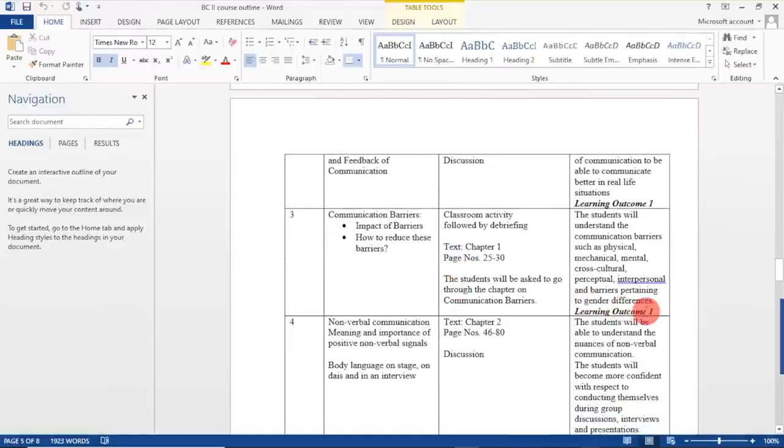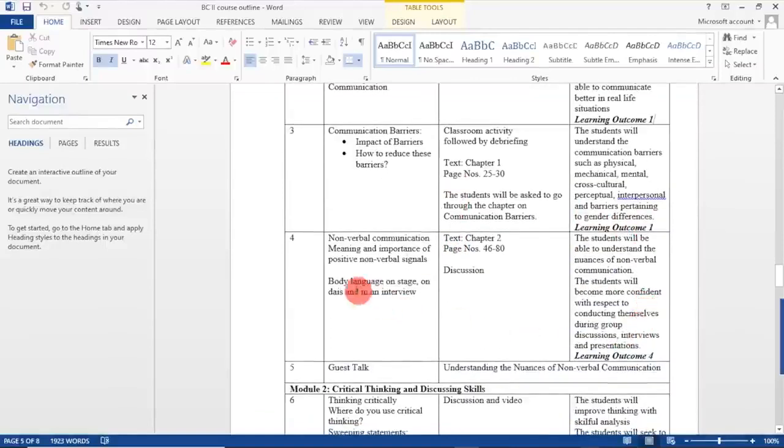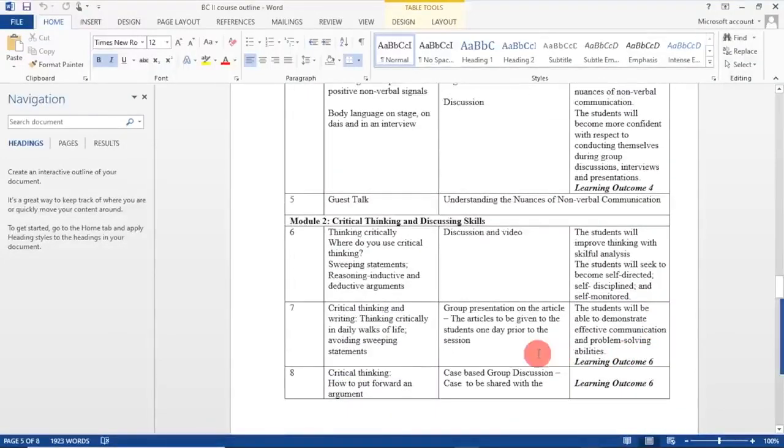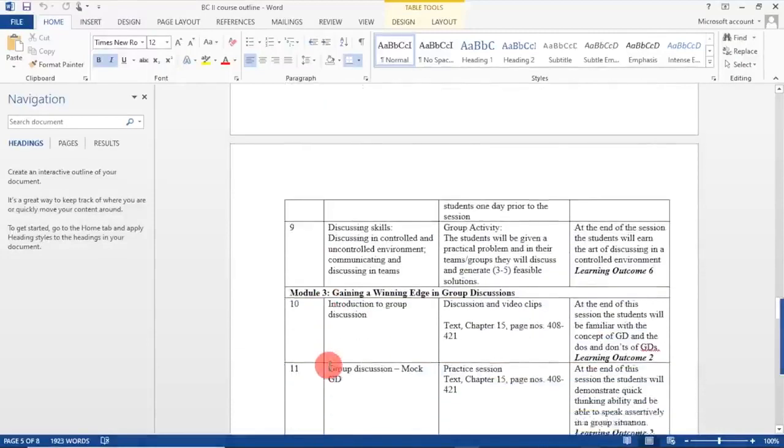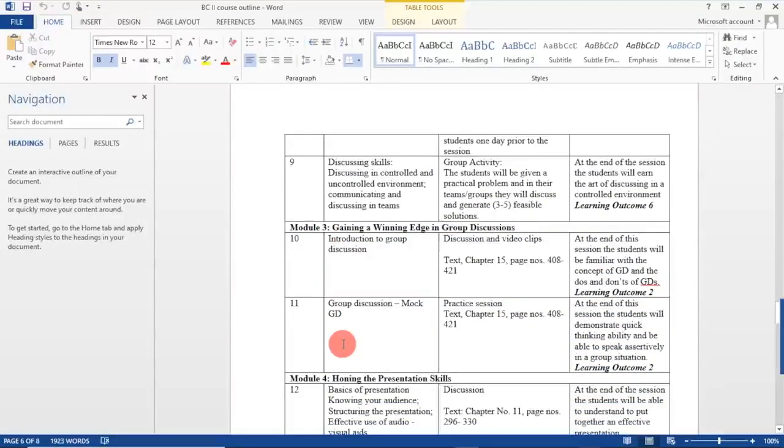Similarly, in third session, again we have focused on learning outcome 1. Then when we are moving to session 4, the focus is on learning outcome 4, and similarly you go in for discussing different sessions, but keep an idea before you enter into the class of what exactly you are going to achieve in that class, or say 3 to 4 classes of that particular week.